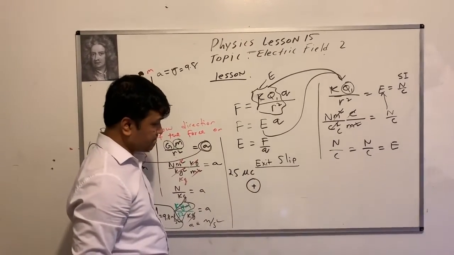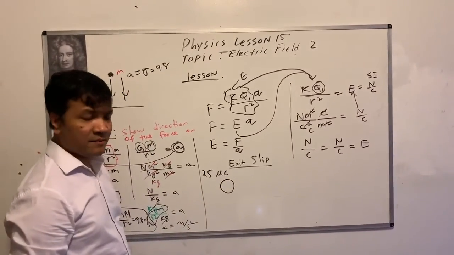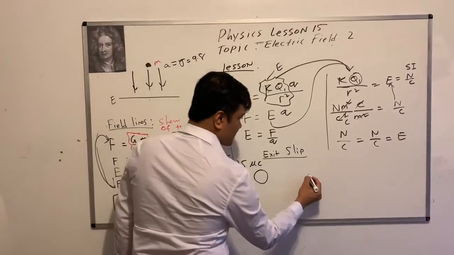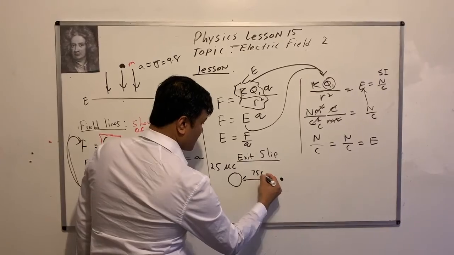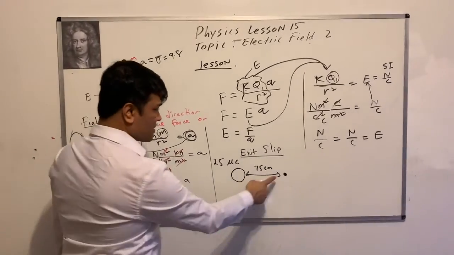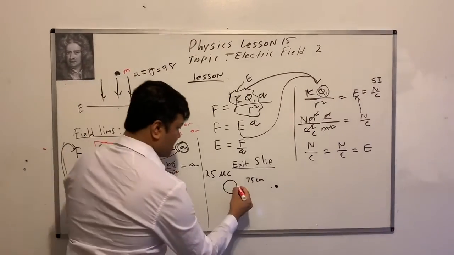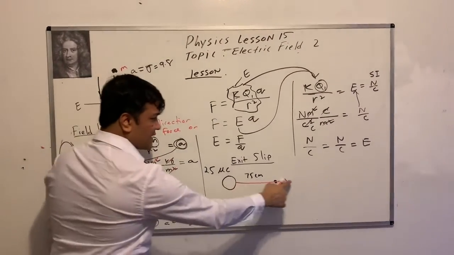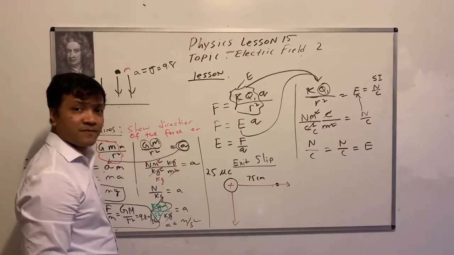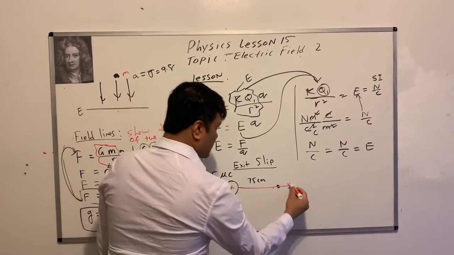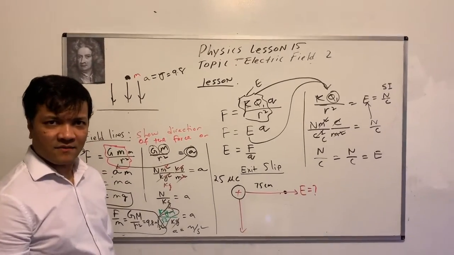We don't even know whether it is positive or negative, so we need to put a test charge 75 centimeter away. Now all of a sudden, by looking at the field line, we know that this is a positive charge. Good. I want you to find the magnitude of the electric field.